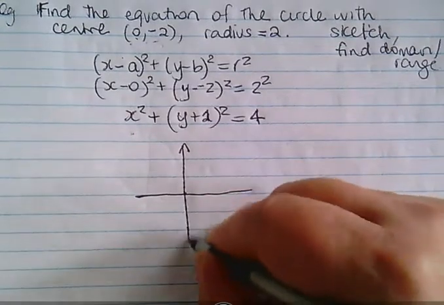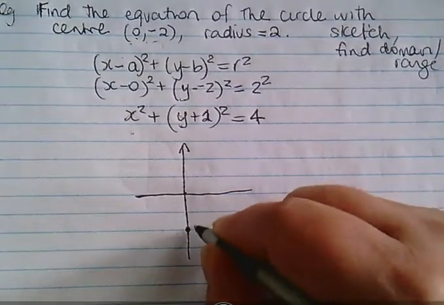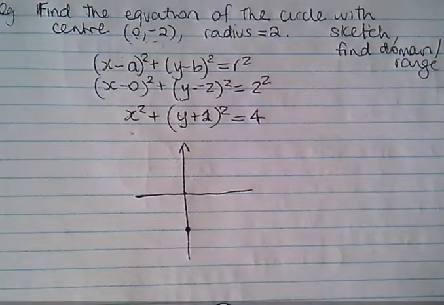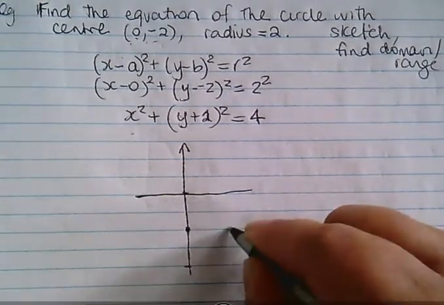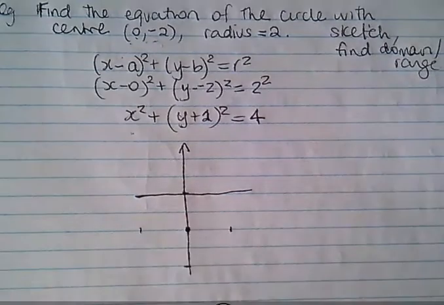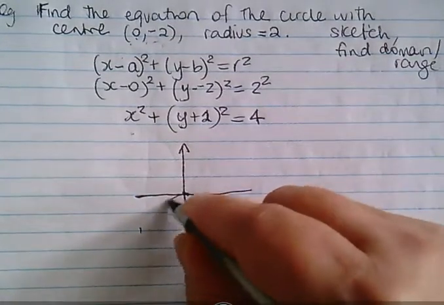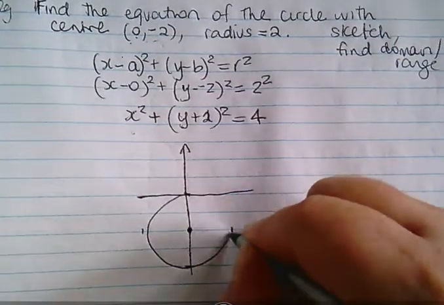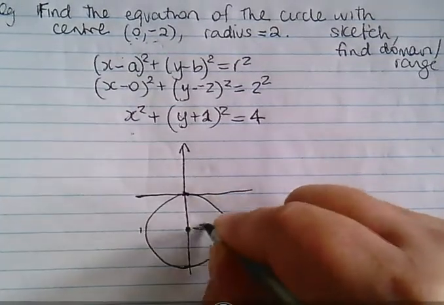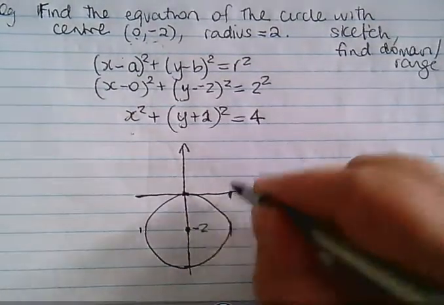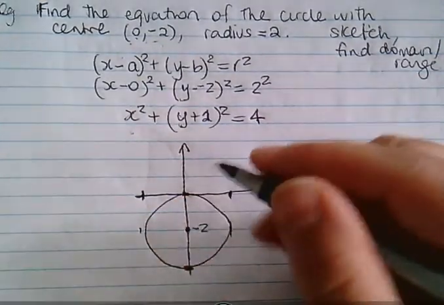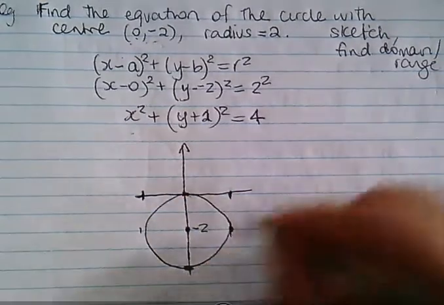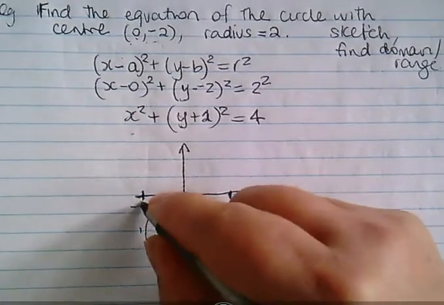Let's sketch. 0, -2 is the center, and the radius is 2. So we're going to go 2 down, 2 up, 2 across, 2 across from the center. So this is 0, -2. Do you know where we are? That's 2 units, that's -2 units.